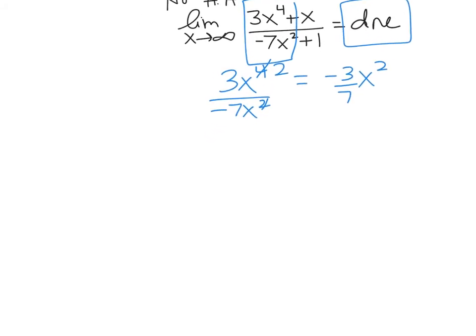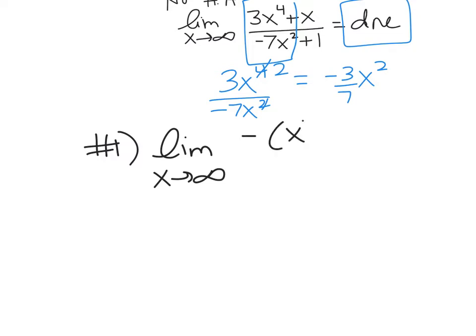So let's do some examples now. So let's do some trickier ones. Number 1, we're going to find the limit as x goes to infinity of negative x squared plus 8 over x minus 2 squared.